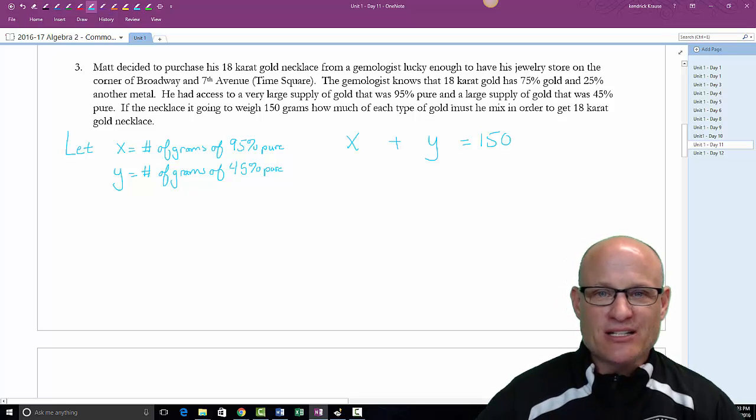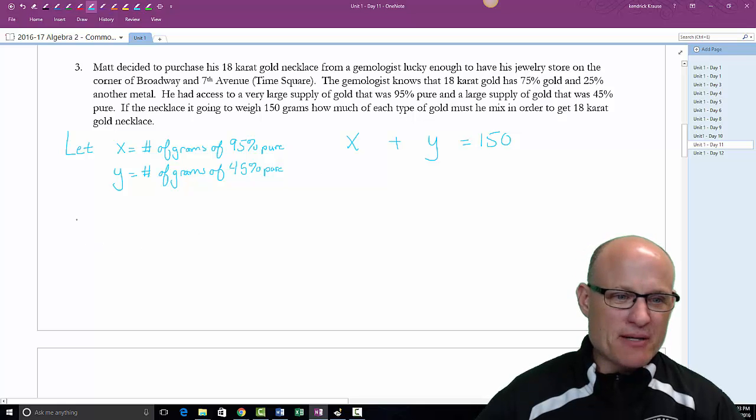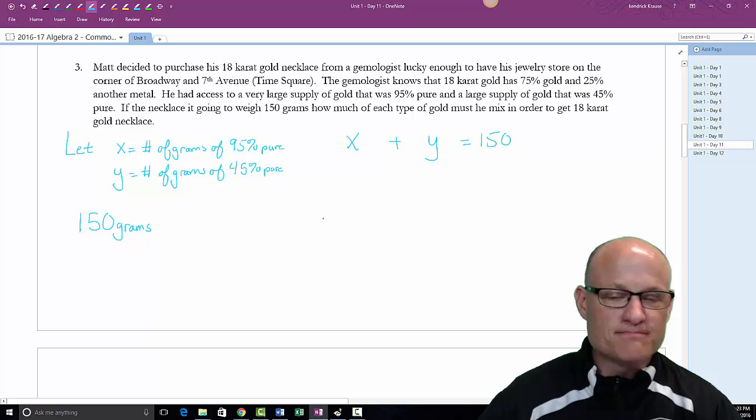Now comes the hard part. I'm going to make this necklace that is 150 grams. I want to know how much gold is in that necklace. It's not all gold. It could be any other precious metal, but it's not all gold.